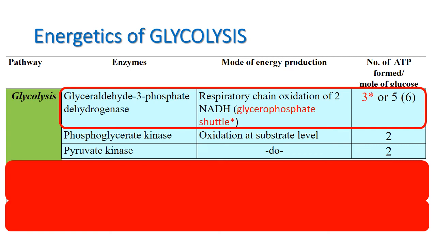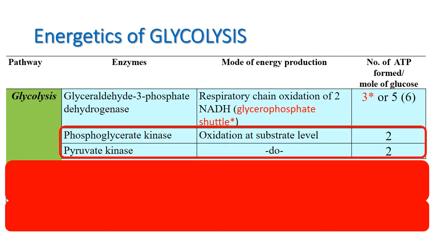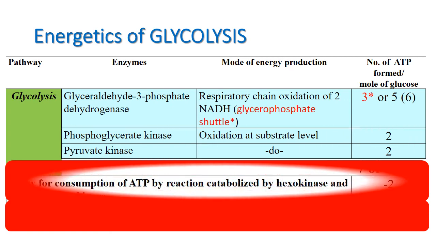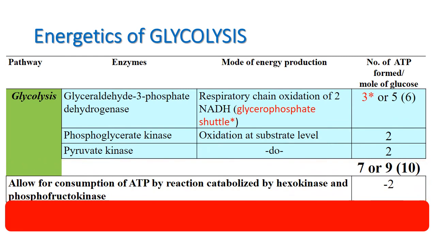Similarly, at the phosphoglycerate kinase and pyruvate kinase steps, there is a substrate level production. There is a production of 1 ATP at each step, and due to 2 trioses there is a production of 2 ATPs at each. So in total we say there is a production of 7 or 9 ATPs during the aerobic oxidation of glucose.